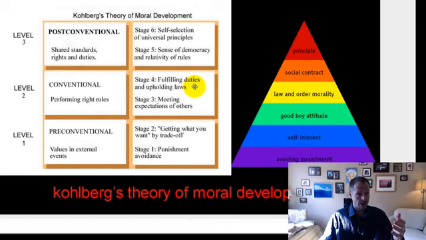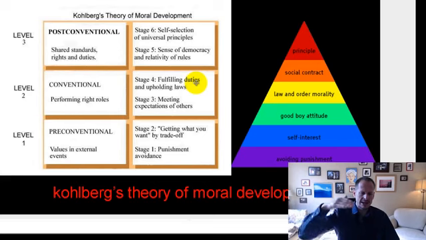Here are the social constructs for whatever civilization I live in, and I'm going to abide by them. But I haven't really thought about what's the right thing to do and why it's the right thing to do. So it's not as high a level of moral, ethical decision-making. I'm just going along with what other people have told me is right. Do you see the difference?